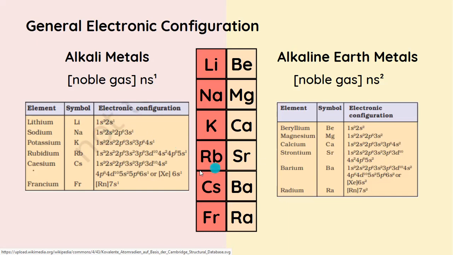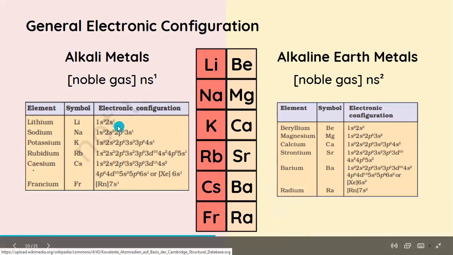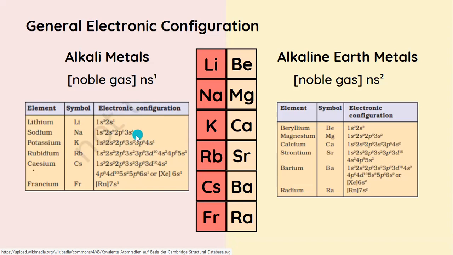So these are the electronic configurations of the elements of the respective groups. In each of these cases, you have 2s1, 3s1, 4s1, 5s1, 6s1, and 7s1. Here, on the other hand, you have 2s2, 3s2, 4s2, 5s2, 6s2, and 7s2.